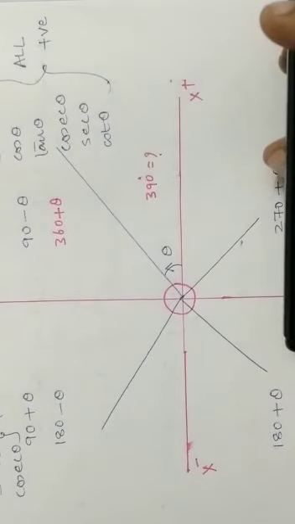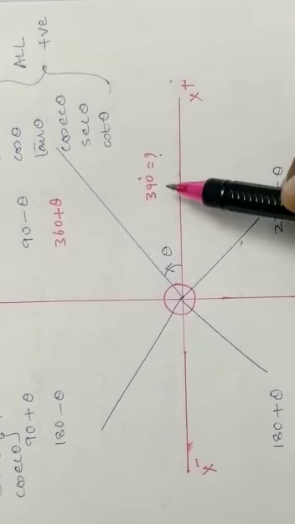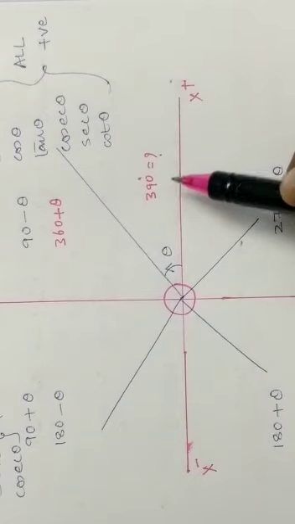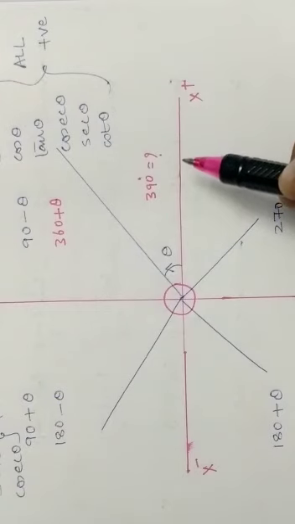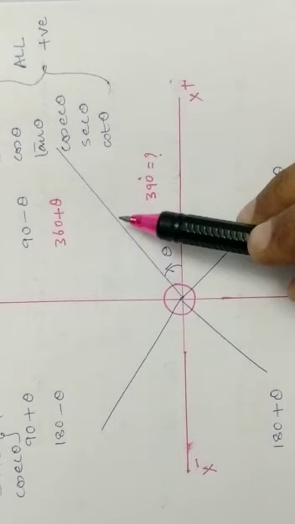One complete rotation is over and 30 more degrees it is rotated, right? So 390 degrees comes in the first quadrant again.